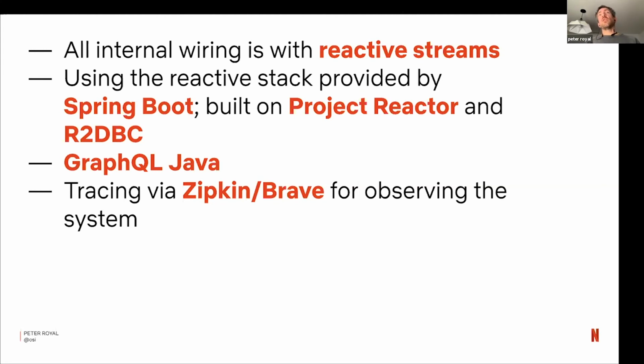GraphQL Java is the GraphQL engine, and while not strictly reactive, it plays into this very nicely because its internal model is to use completable futures for everything. So when you're executing a query, it's very easy to bridge from Project Reactor's Mono into a completable future to manage the completion of each individual node in the GraphQL structure.